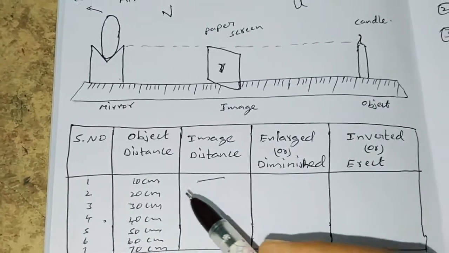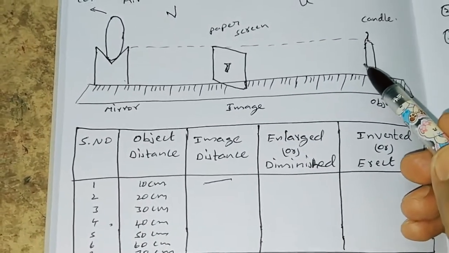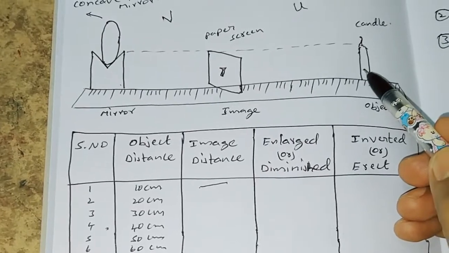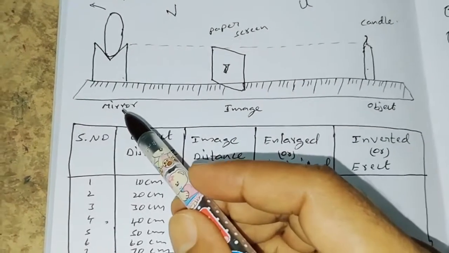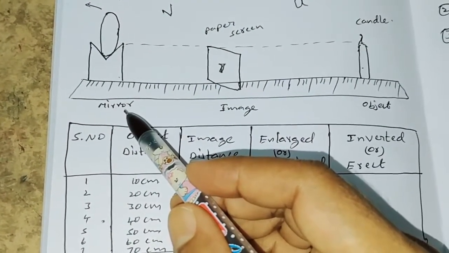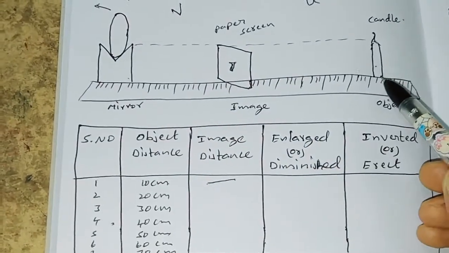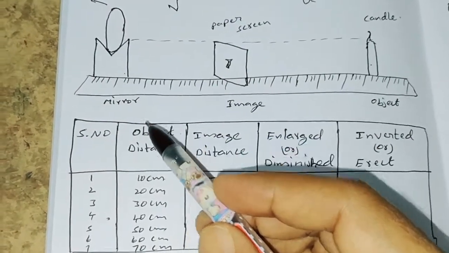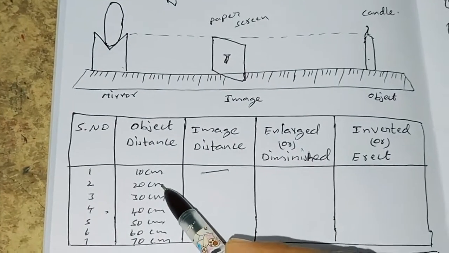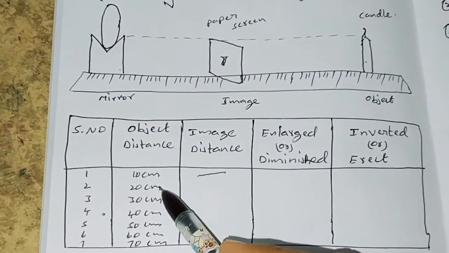Next, you have to keep the candle at a distance of 20 centimeters from the mirror. So now what is the object distance? From here to here, in the second step, it is 20 centimeters.